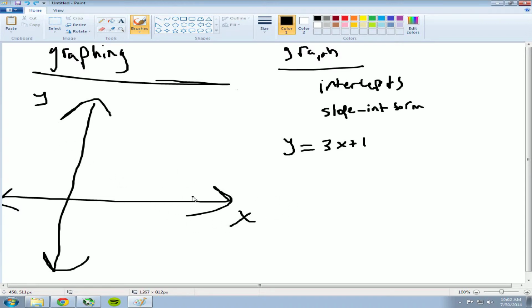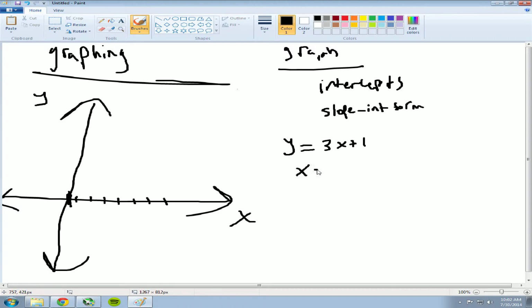Now how do we do that? Well, remember that this is x is 1, x is 2, x is 3, x is 4, x is 5, x is 6, x is 7. Right here, x is 0. So all along this line right here, x is equal to 0.